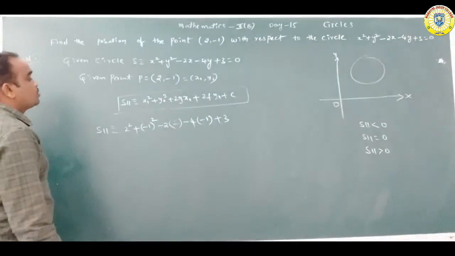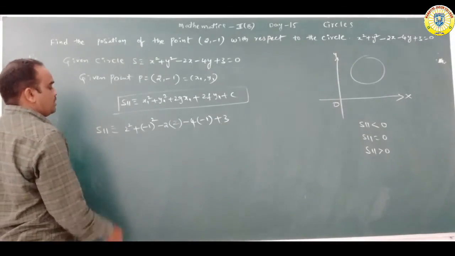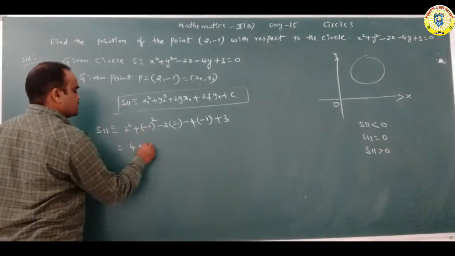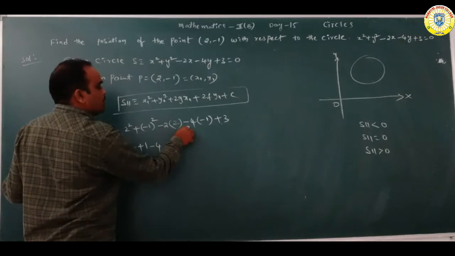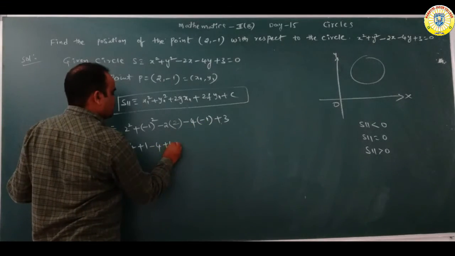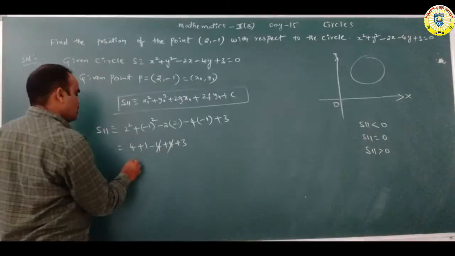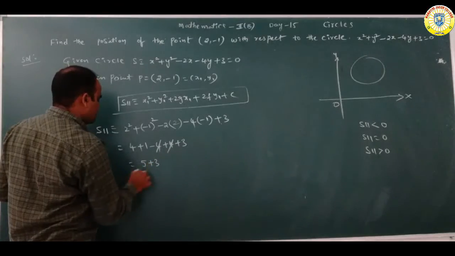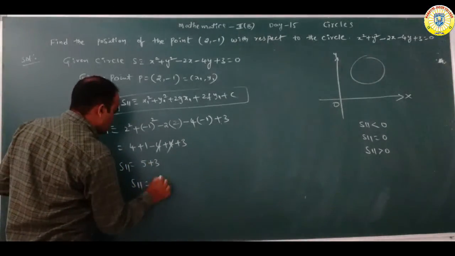Now we are simplifying this. 2 square is 4, minus 1 square is 1, minus 2 into 2 is minus 4, minus 4 into minus 1 is plus 4, plus 3. Minus 4 plus 4 cancel. 4 plus 1 is 5, 5 plus 3 is 8. S11 is equal to 8.